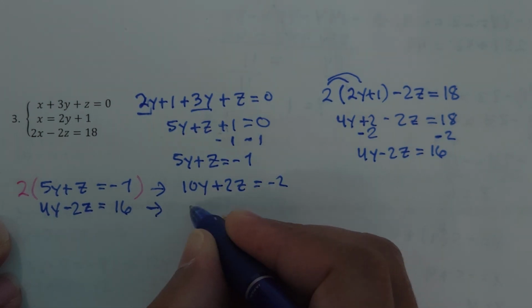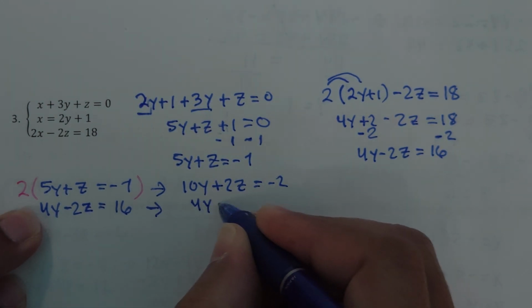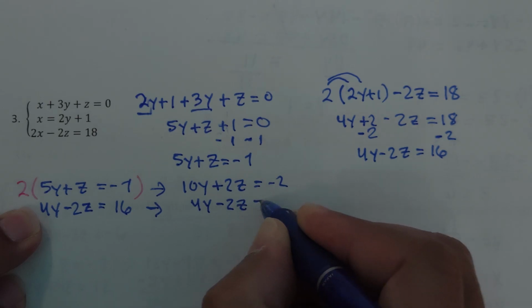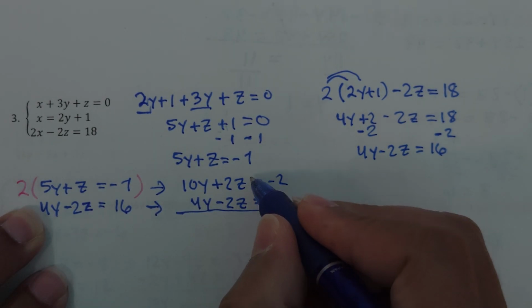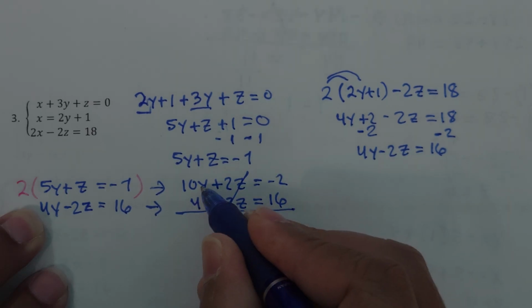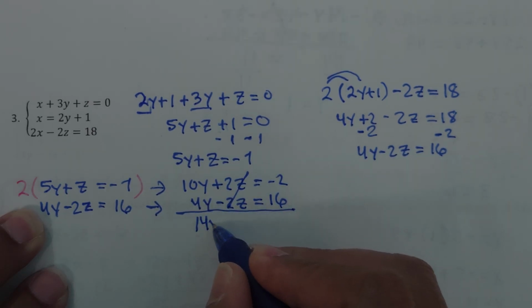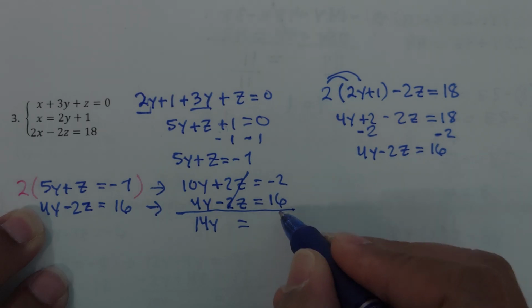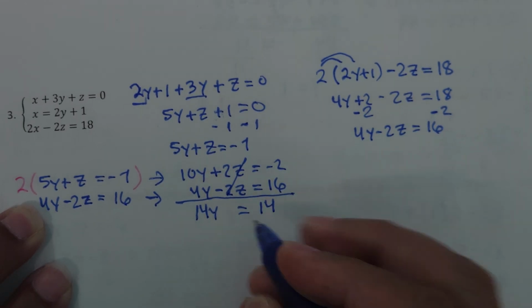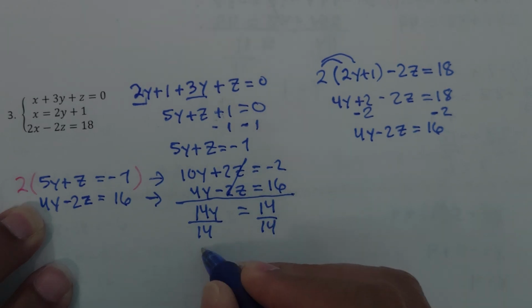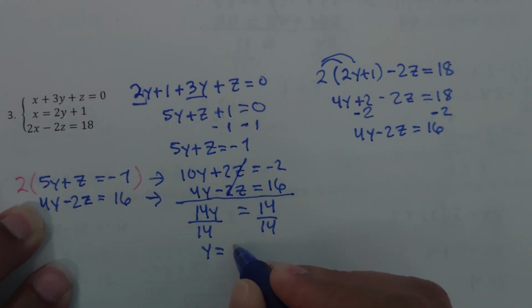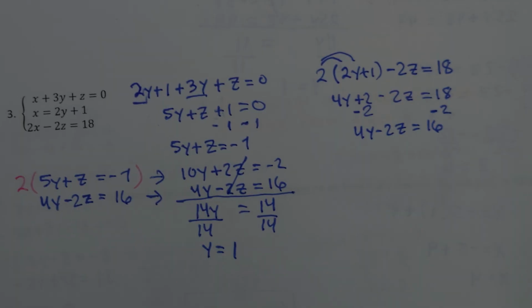And then I'm just going to copy the second equation, 4y minus 2z equals 16. So as you can see, the z's get eliminated. Then 10y plus 4y, that's 14y, equals negative 2 plus 16, that's positive 14. Then divide by 14, which is what we have in front of the y. So then we find that the y coordinate is equal to 1.